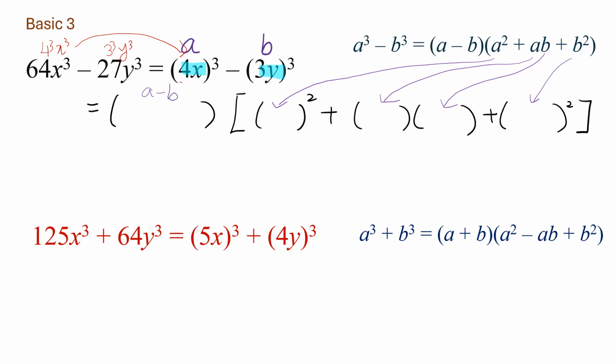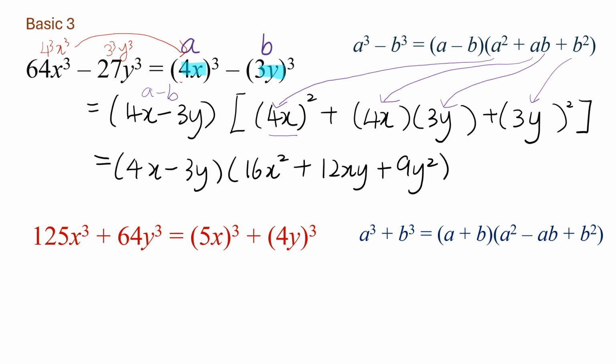Now we can plug in the values: a is 4x, so 4x minus 3y, times 4x squared plus 4x times 3y, then square your 3y. We need to simplify it; you cannot leave the answer like this. 4x times 4x gives you 16x squared, and 3y times 3y gives you 9y squared. So this is how you do the first one.